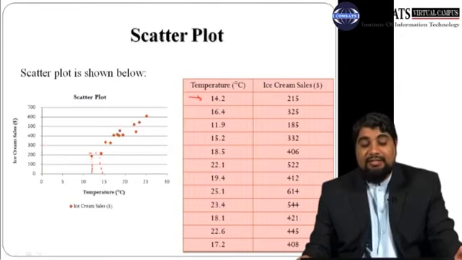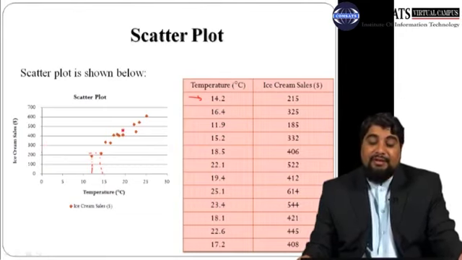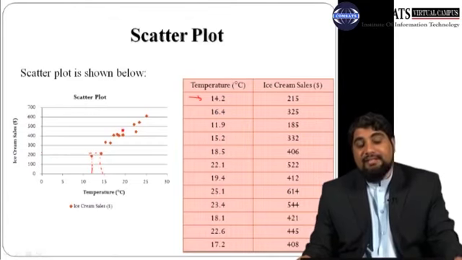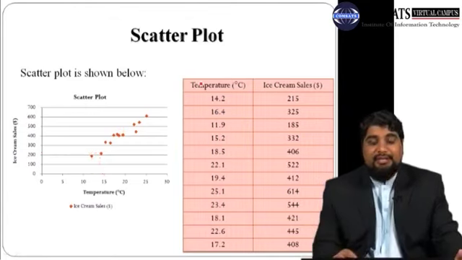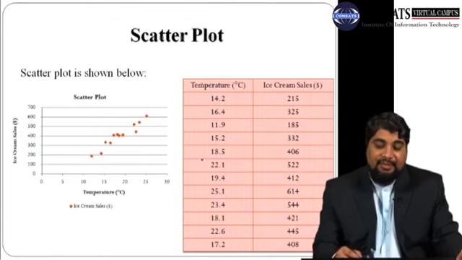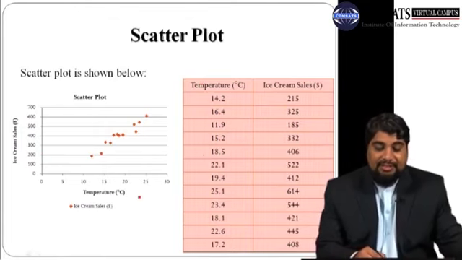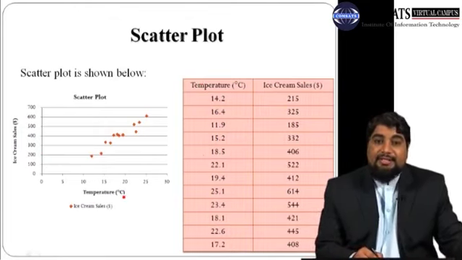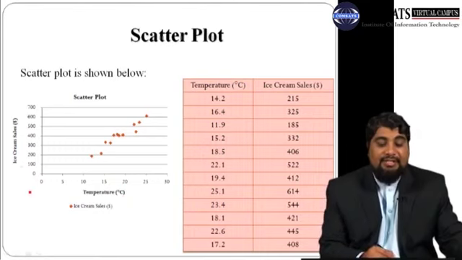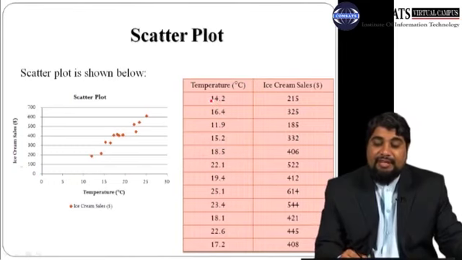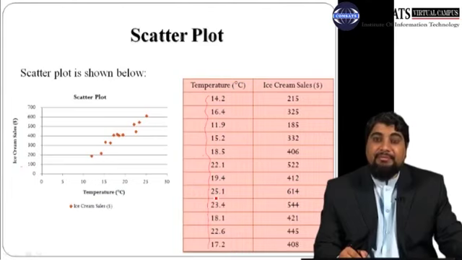You can draw all these points and you can get the scatter plot. Here is the scatter plot which is shown here. Along the x-axis we have temperatures in degrees centigrade and along the y-axis we have sales in dollars. Just look at these temperature numbers and try to find the maximum and minimum number.